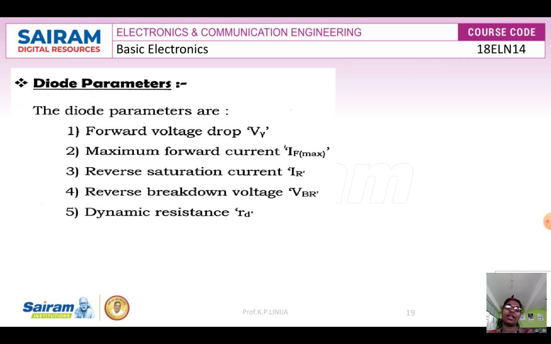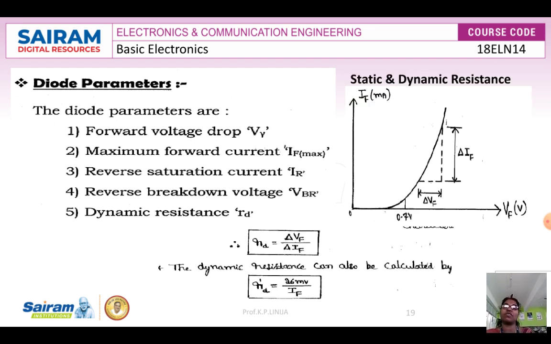In the VI characteristics, we know what the forward voltage is, and how we calculate the maximum forward current as well as the reverse saturation current and reverse breakdown voltage. So what do we mean by dynamic resistance? That is very important. Here you can see the static and dynamic resistance of this diode.